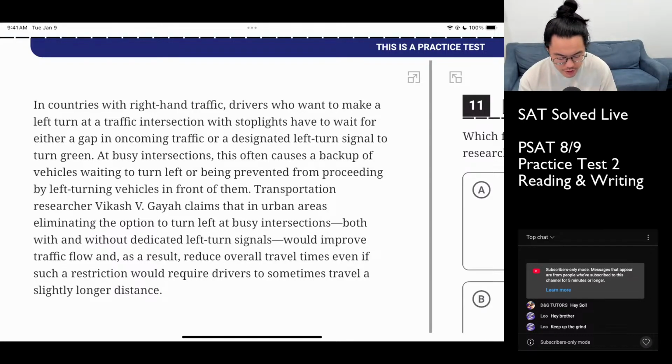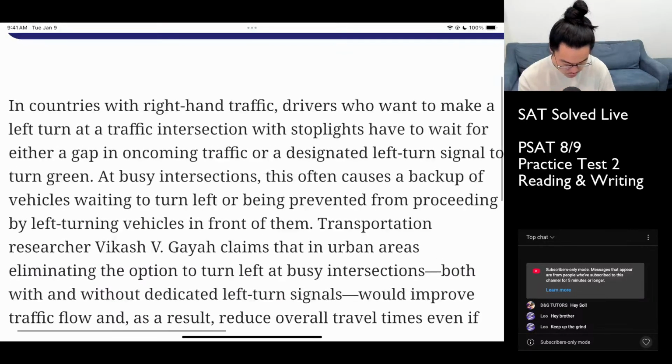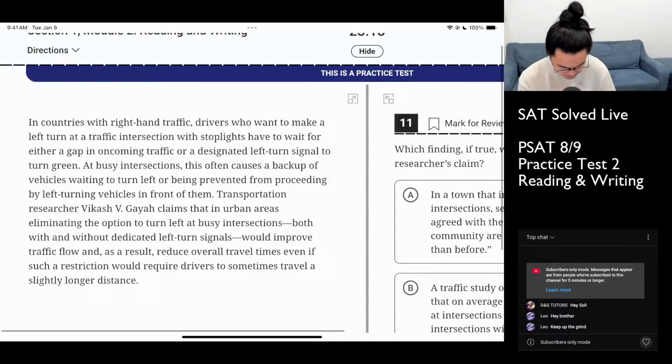In countries with right-hand traffic, they have to wait for a gap, there we go, for a left turn. At busy intersections, this causes a backup. Transportation, so that's a phenomenon and a problem. Claims that in urban areas, eliminating the option to turn left improves traffic flow with or without dedicated turn signals, because sometimes you either wait for a gap or you wait for a turn signal.